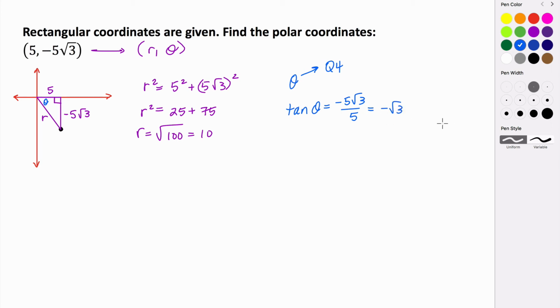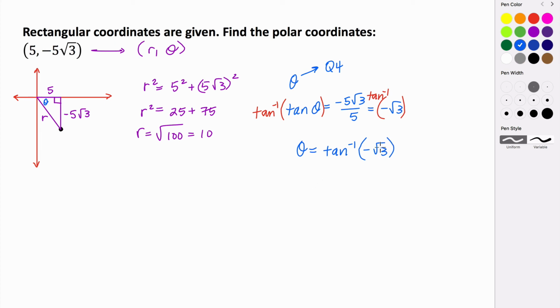And again, we're looking for angles in the fourth quadrant. So here we can take the inverse tangent of both sides. So we get that theta is equal to the inverse tangent of -√3.